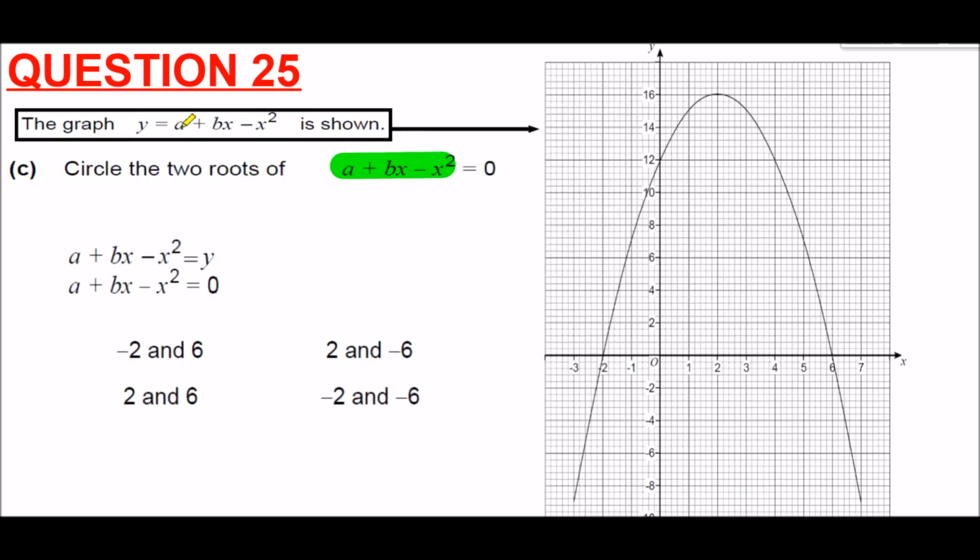That's the same as our equation for y. And so if this a plus bx minus x squared equals y, and we're asked when does it also equal 0, this is just a fancy, complicated way of saying when does this green curve, when does y equal 0?